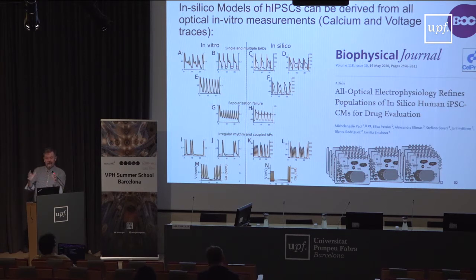If we have a normal population in vitro, we can tune the population to match that. If we have some disease, we can take another part of the population. It's making the modeling much faster. We don't need to generate the models individually anymore for a certain type of patient. We can select them from the library of the population.